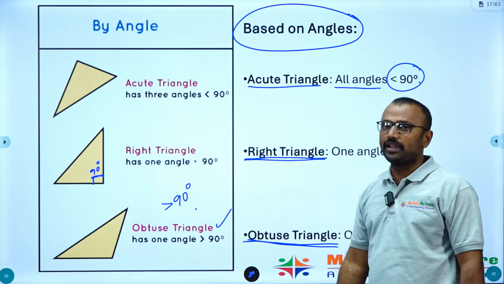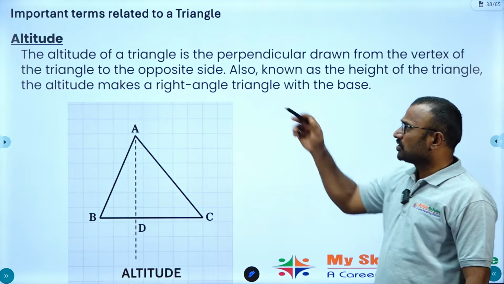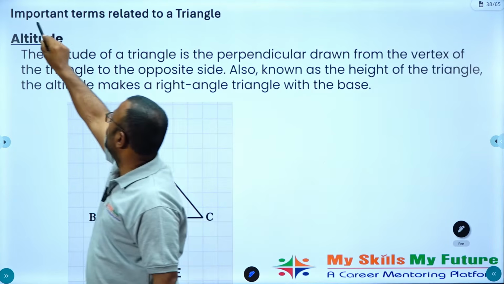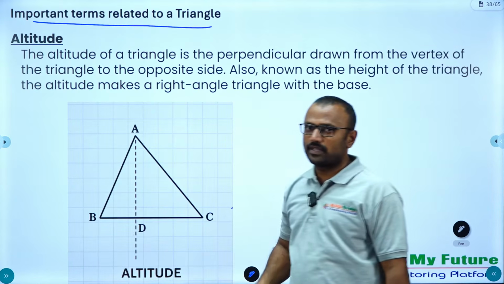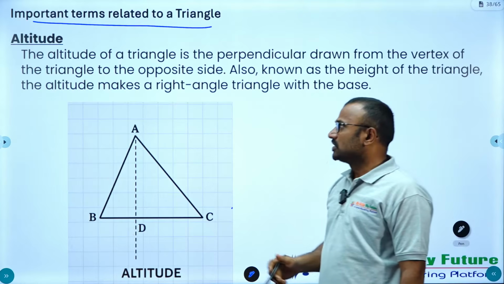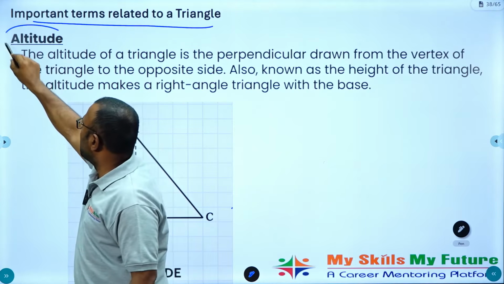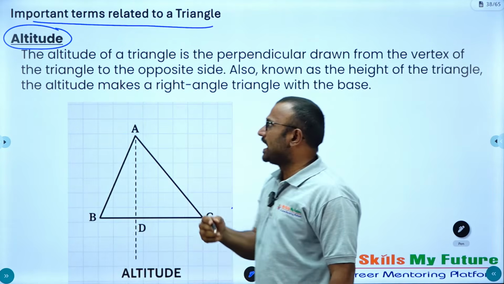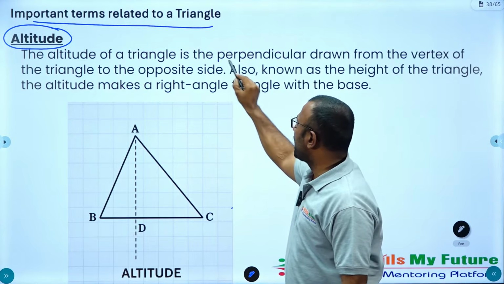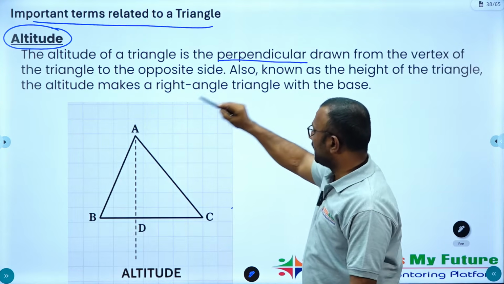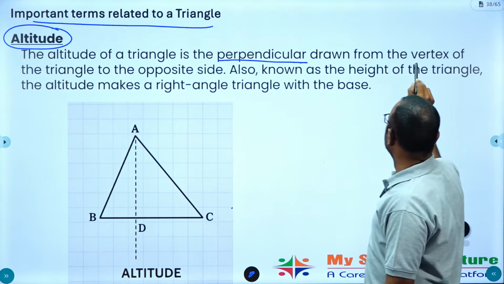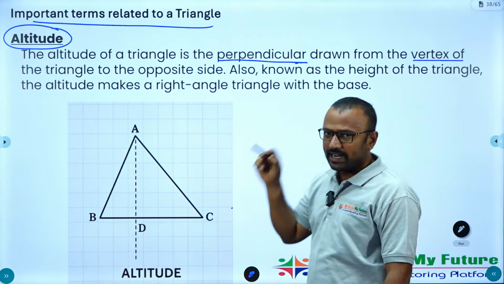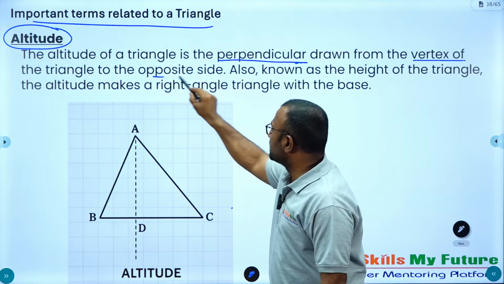Okay, next. Important terms related to a triangle. First, altitude. What is altitude? The altitude of a triangle is the perpendicular drawn from the vertex of the triangle to the opposite side.